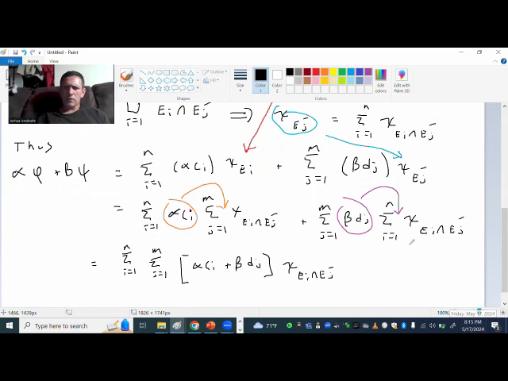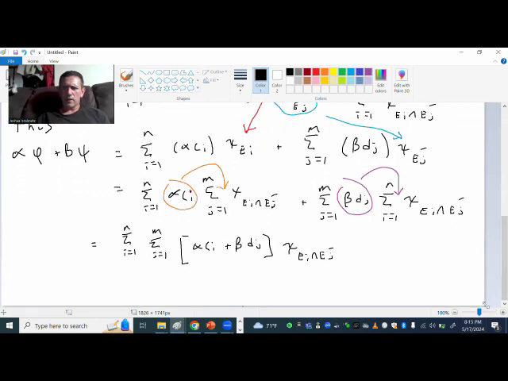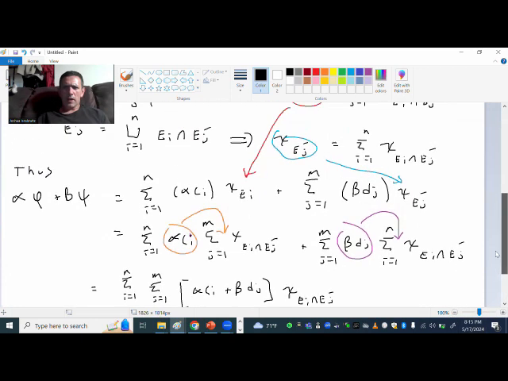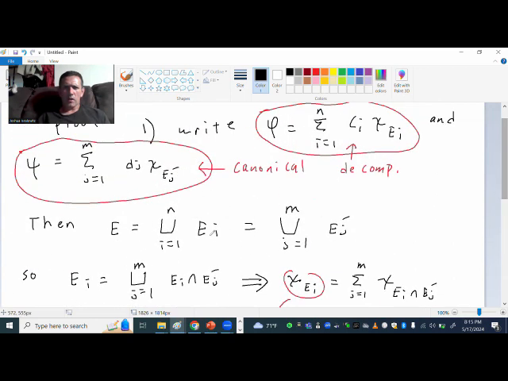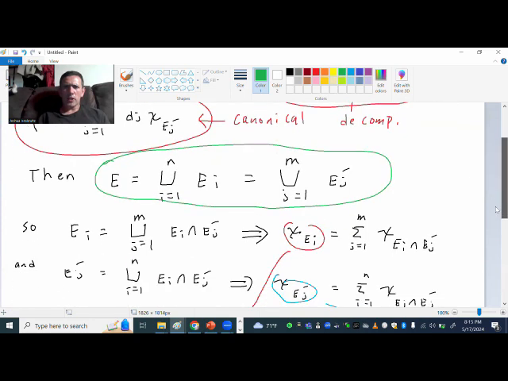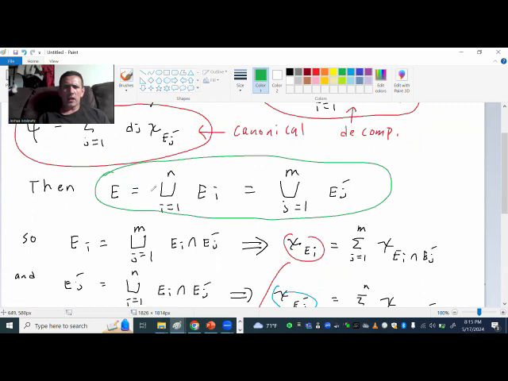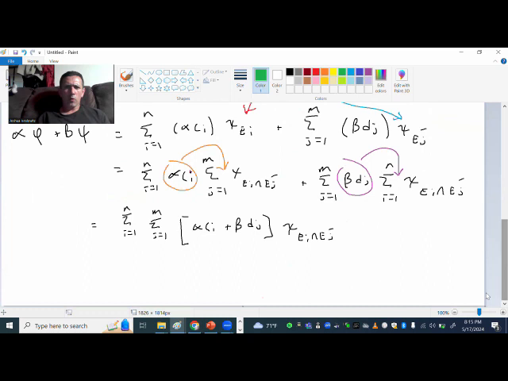And the point is that, and this is kind of trivial just from this here, all these sets partition E because of this. The E_I's partition E, the E_J primes partition E, and therefore E can be written as the disjoint union, I'll write it like this.